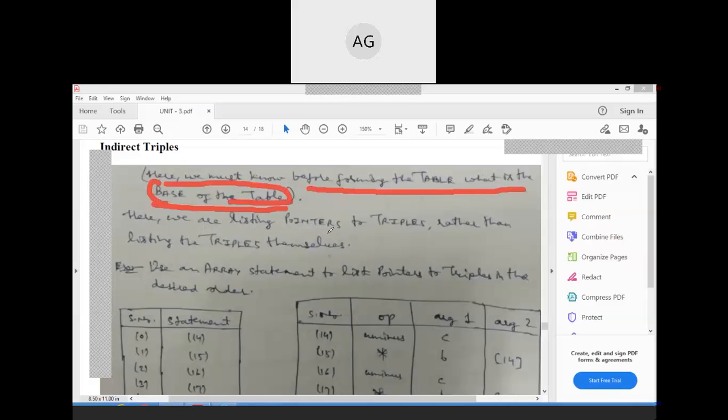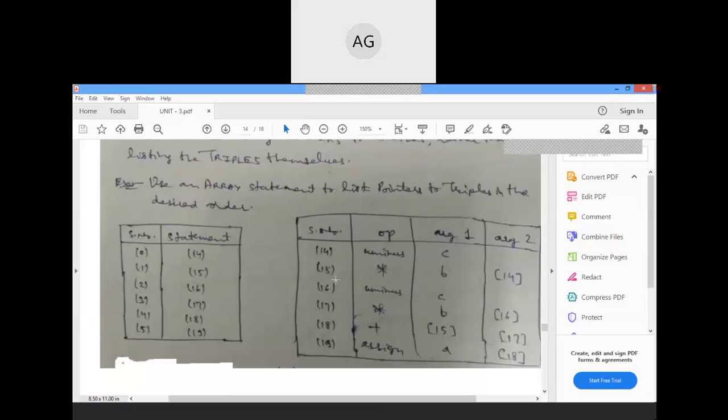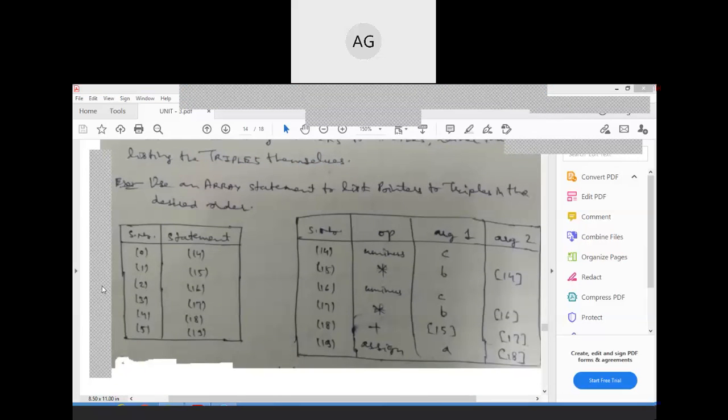Here we are listing pointers to triples rather than listing the triples themselves. We are not writing the triples themselves, but we are writing the pointers to triples. That's why its name is indirect triples. So use an array statement to list pointers to triples in the desired order.